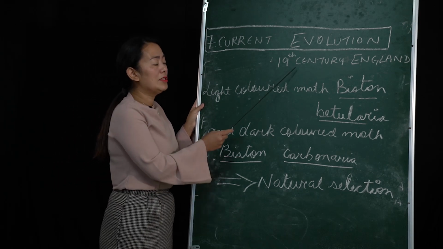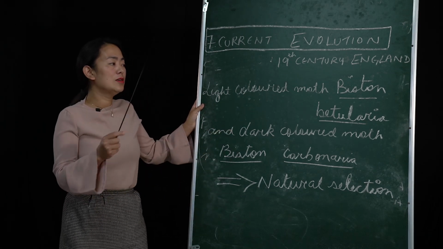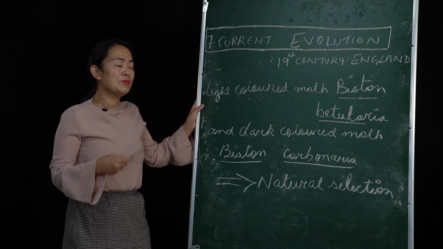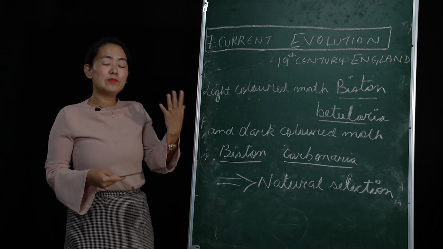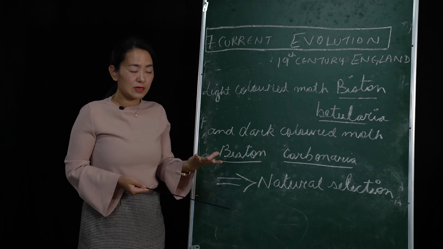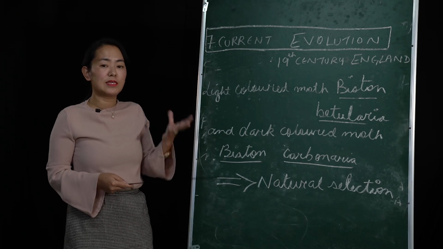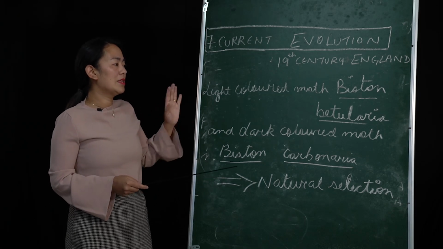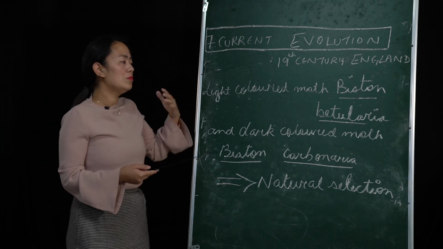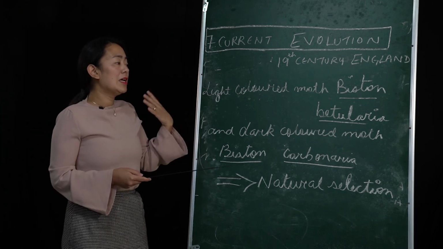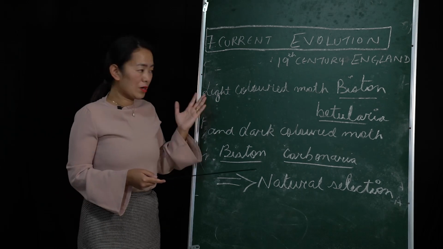But when the industrialization started, the tree trunks started becoming gray in color because of the gases and the fumes. As the trees, branches and barks became gray, the moths became more prominent. So when the moths became more and more prominent, it became easy food for the birds.